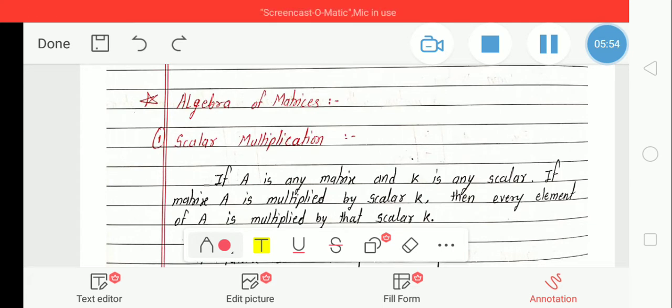Now to study the algebra of matrices. In this one, scalar multiplication.